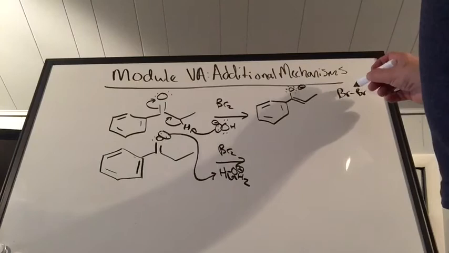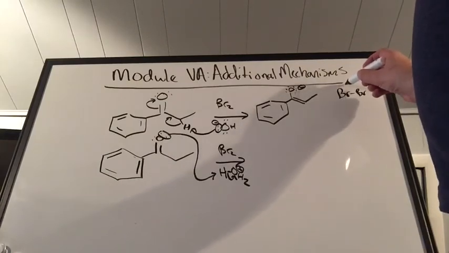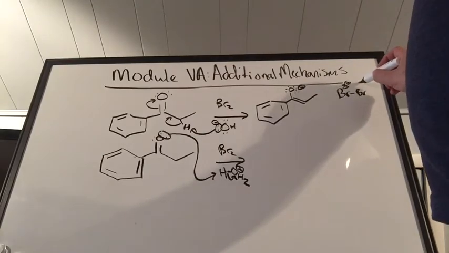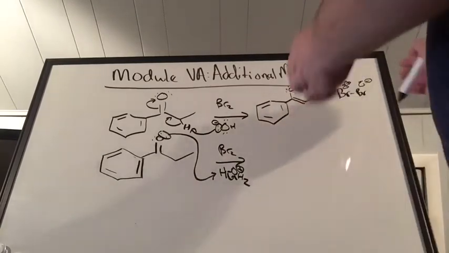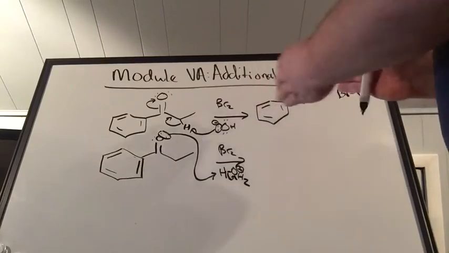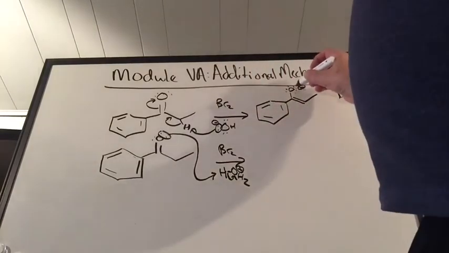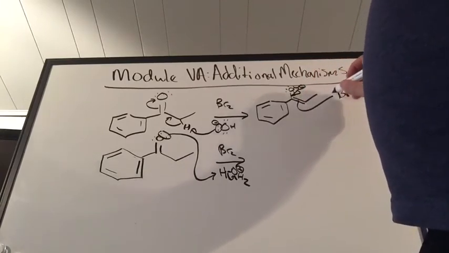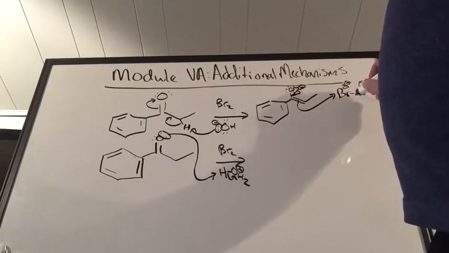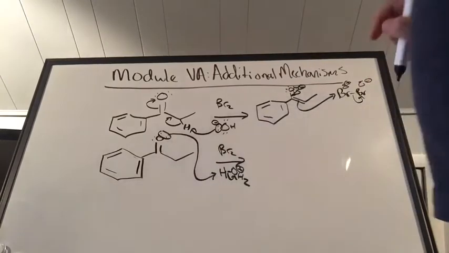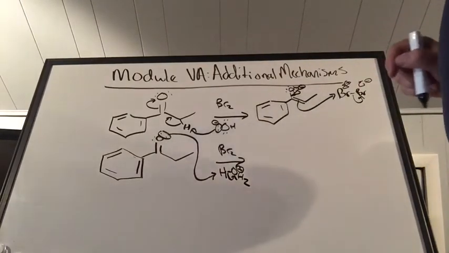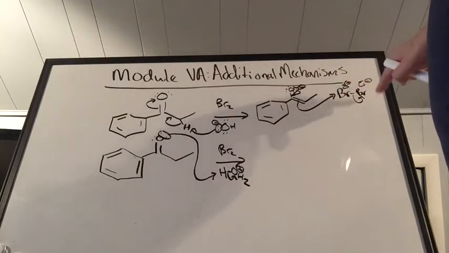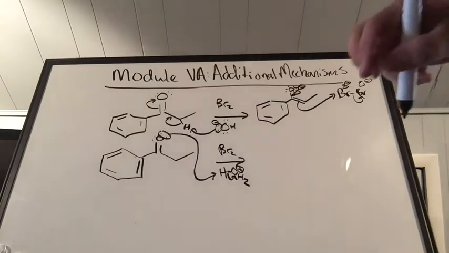However, same element, whatever. Let's say there's a partial positive and partial negative. So this is basically a swaying back and forth of electrons. So these electrons come down and coordinate. It's going to boot that Br minus off. So this is going to be kind of electron starved because this is taking some electrons with it.